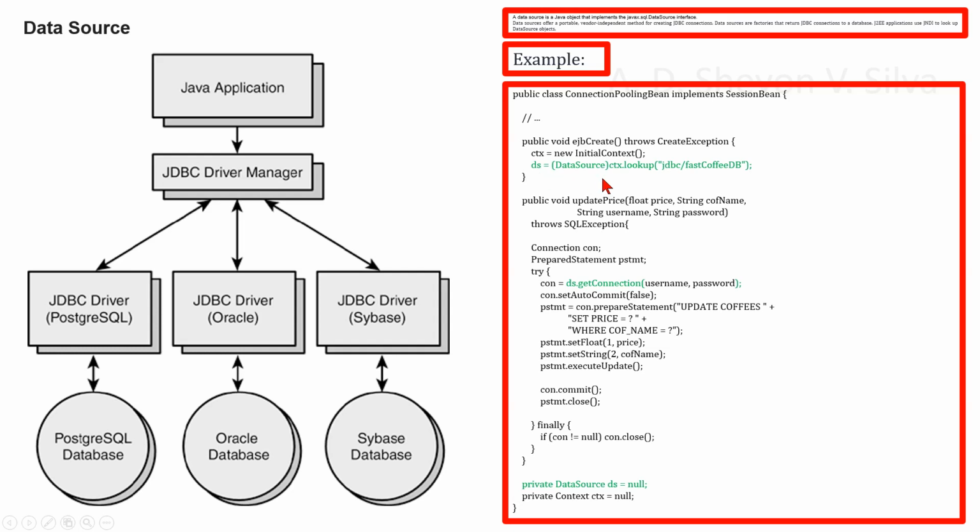Calling the method ds.getConnection produces the connection to the database. The getConnection method requires only the username and the password because the variable ds has the rest of the information necessary for establishing the connection with the database.